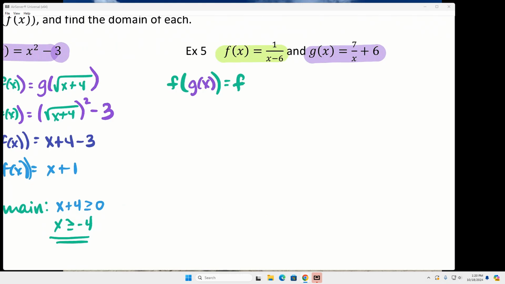Or f of, and then I'm going to write what g of x equals in the parentheses, 7 over x plus 6. Okay, and this is a weird problem, but we're going to take what that is, and we're going to put it in for x in f.